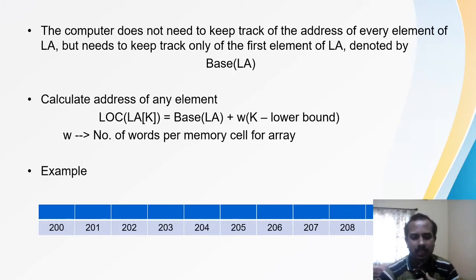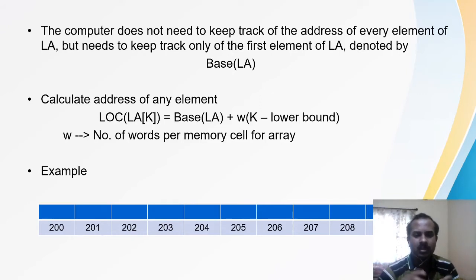Since it is a continuous memory allocation, when any array data structure is created, your computer is not going to keep track or keep note of every memory allocation. What is it going to do?